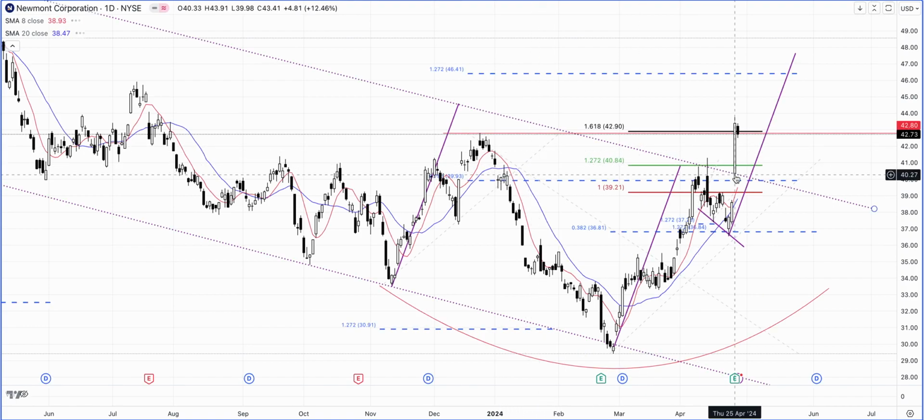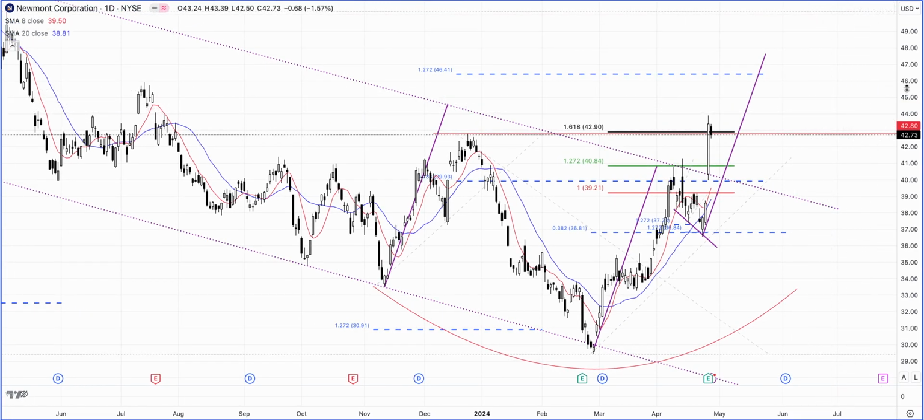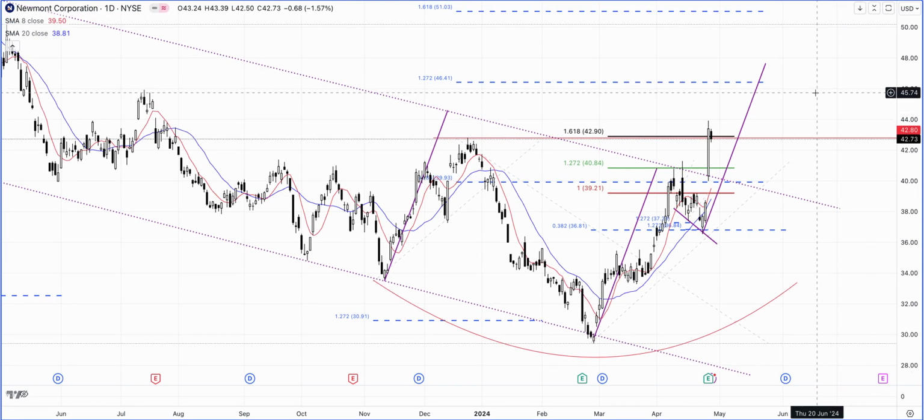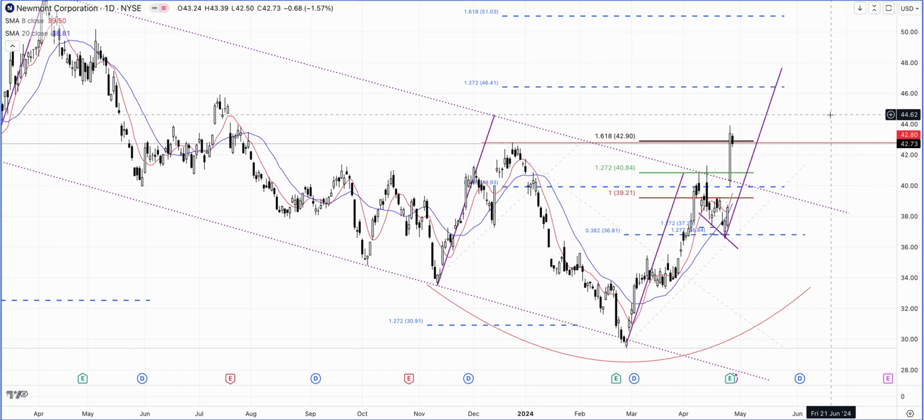So we'll start by taking a look at Newmont Mining. It's a big gold miner, so one of the bigger ones, and probably I shouldn't say the best one, but when it comes to the gold miners, one really has to do their homework, because there are different kinds of miners. There are miners which are actually mining the commodity, and then there are miners which are more like a royalty, like for example Royal Gold.